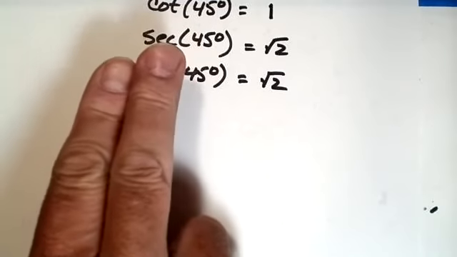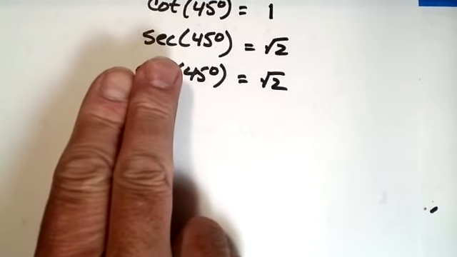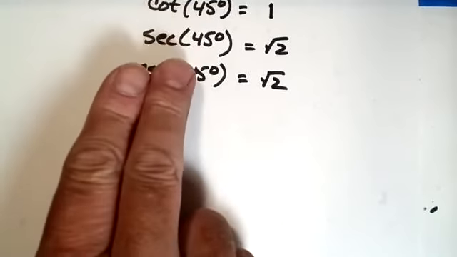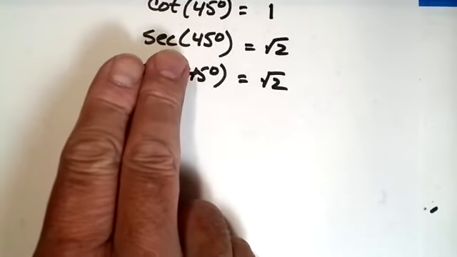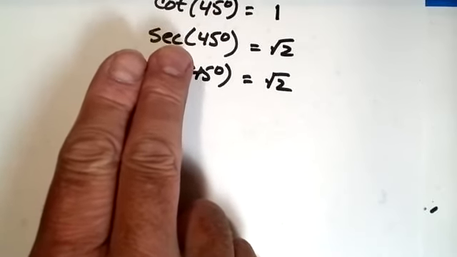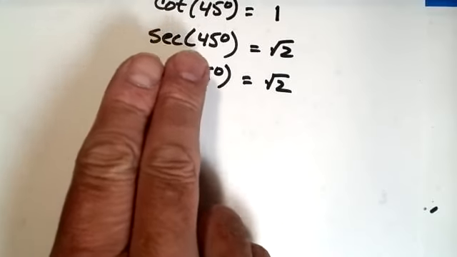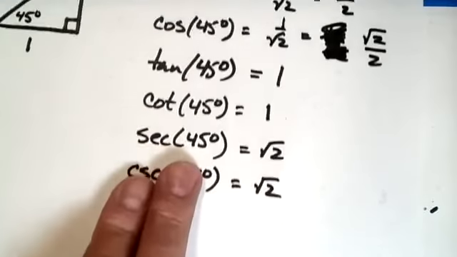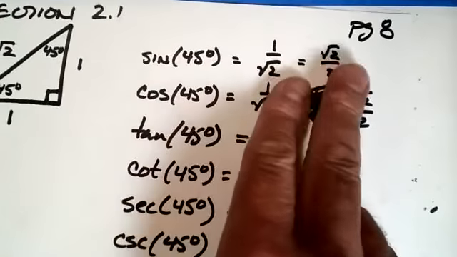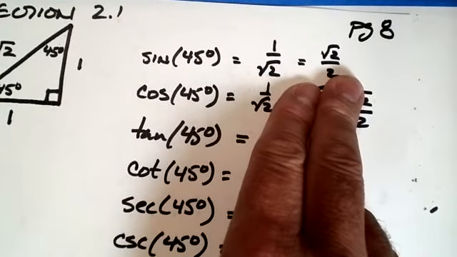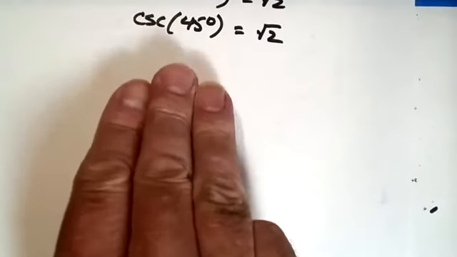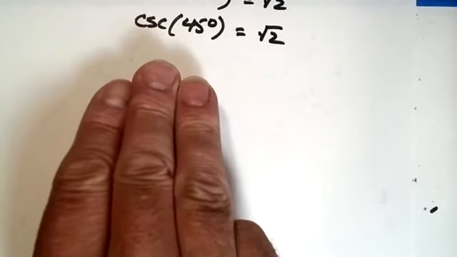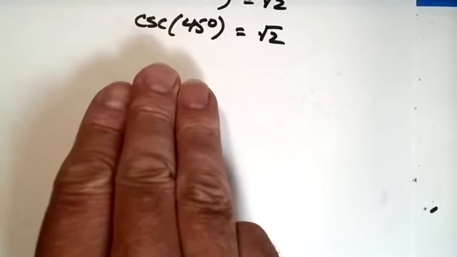45 degrees. I have 2 fingers up. The square root of 2 is just simply the square root of 2. Then divide that number by 2. Square root of 2 over 2. That is the sine of 45 degrees. Next one, 3. 3 represents the angle 60 degrees.